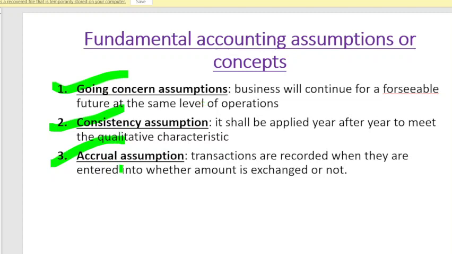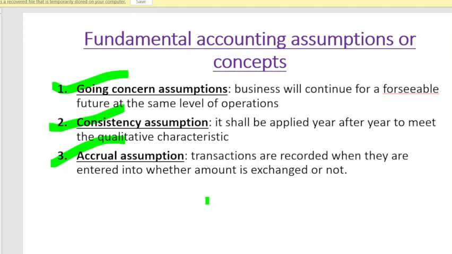Then the third is the accrual concept. Accrual is something important. Here it is said that whatever transactions, as already mentioned, are an agreement between two parties, seller and buyer, regarding business. It's a piece of business that takes place between the buyer and seller. So accrual says whenever the agreement has been made, whenever the transaction happens, that has to be recorded.